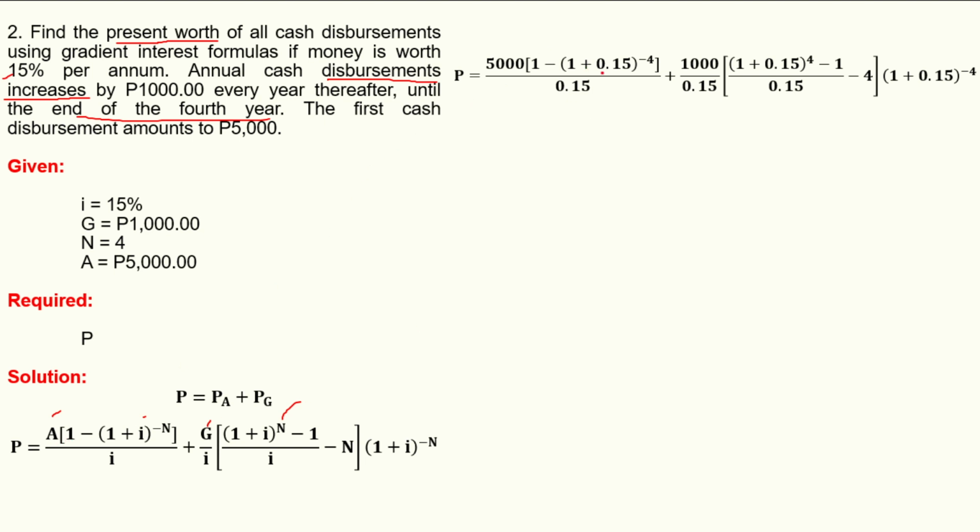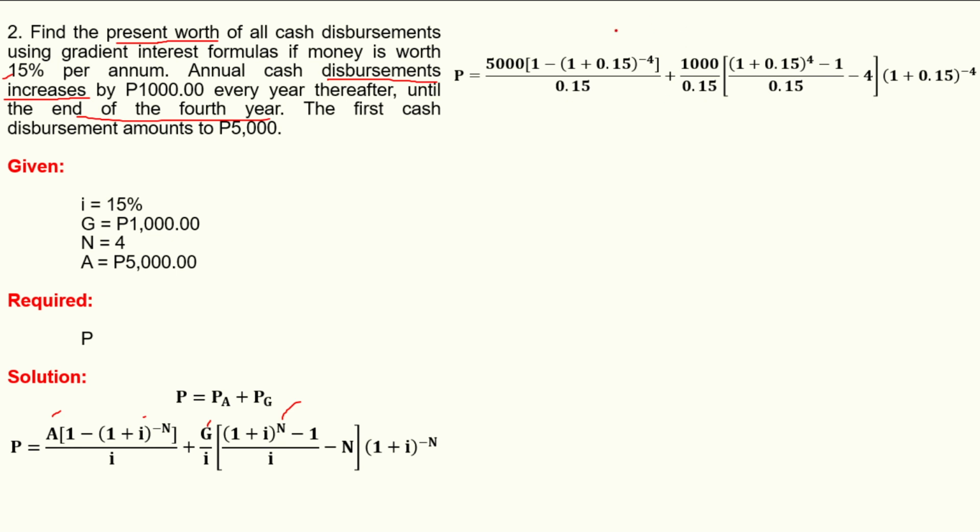So, A natin is 5,000 times 1 minus 1 plus I, which is 0.15, raised to negative 4, which is yung N natin, over I, which is 0.15, plus yung G natin ay 1,000 over I, which is 0.15, times 1 plus 0.15 raised to 4 minus 1, over 0.15 minus 4, times 1 plus 0.15 raised to negative 4.